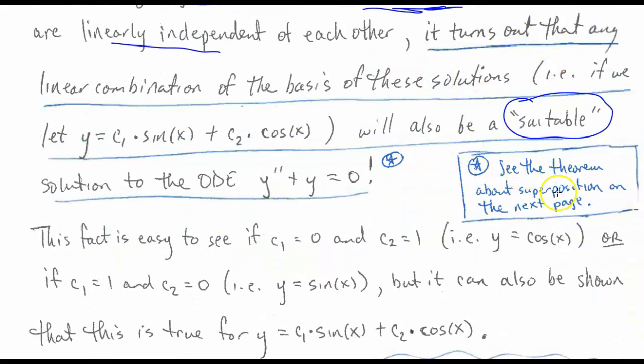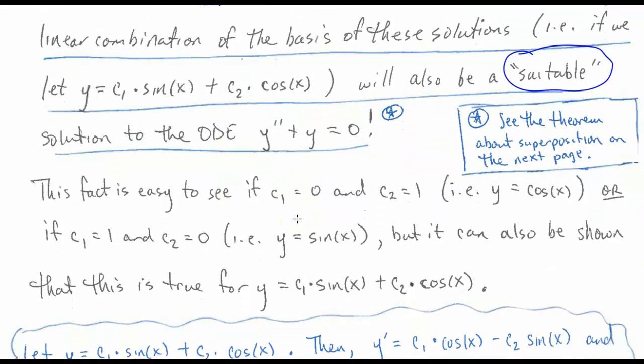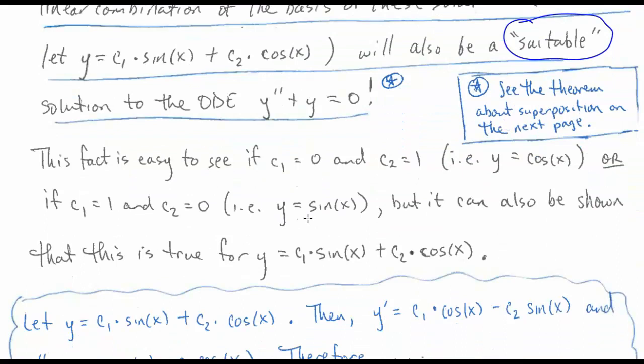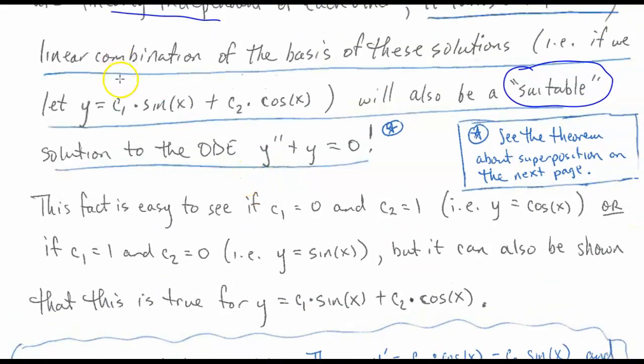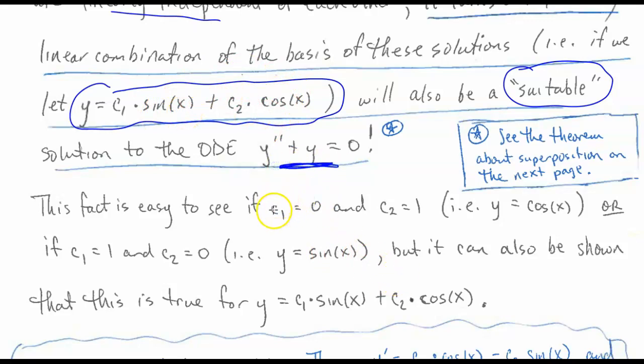I do have a note here to talk about superposition. We've already seen that, but I'll formally talk about it in a second. What I want to do now is show that whatever we have C1 and C2 be, this linear combination of the functions that create a basis for this particular ODE will still be suitable, which means it'll still satisfy it.